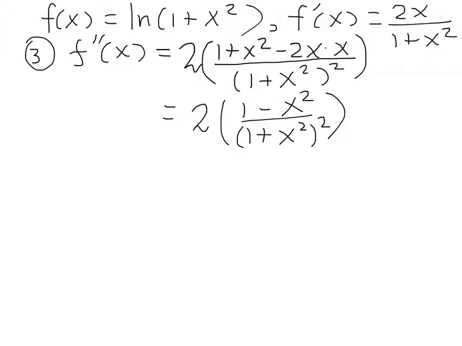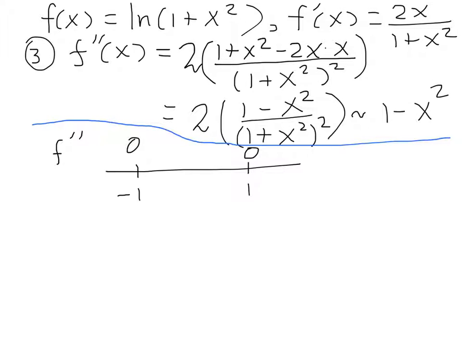Now for the partition numbers for f double prime, well, the denominator is always positive, so the sign is determined by 1 minus x squared. Therefore, the partition numbers are at x equals plus and minus 1. So here's the sign chart for f double prime. In the middle here, say at x equals 0, you get 1 minus 0 squared, so it is positive.